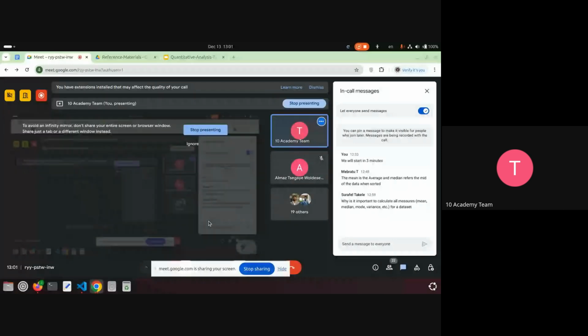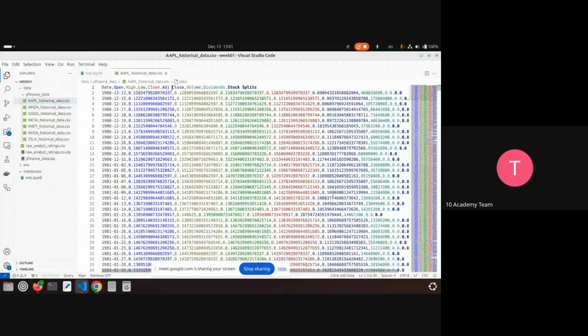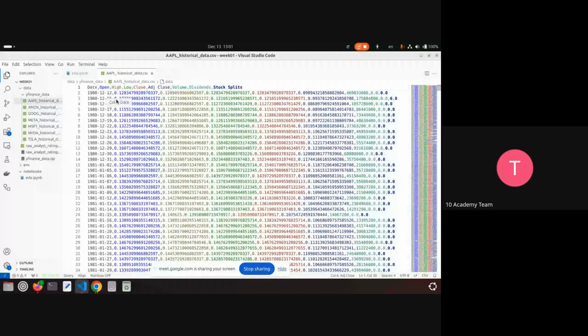Okay, so this is one of the CSV files you have, the AAPL historical data CSV file, and you can see you have these columns. I'm looking at the CSV file itself, and you have the date column, the open, high, low, close.